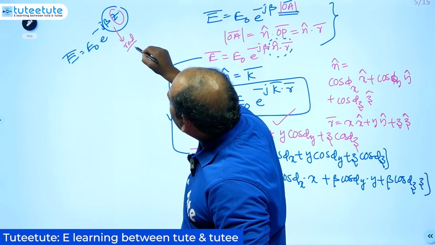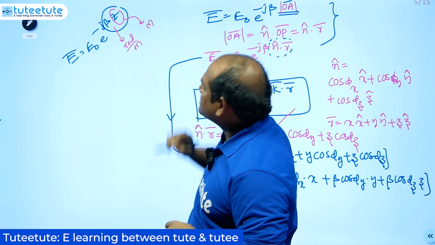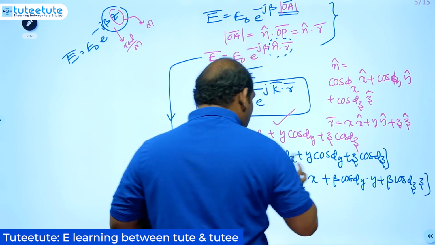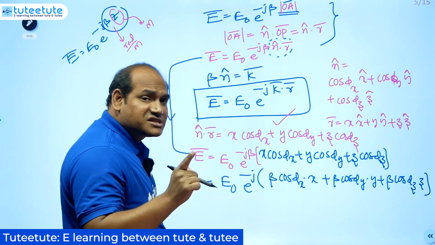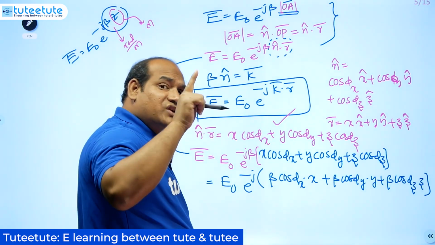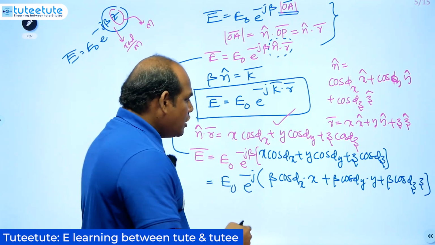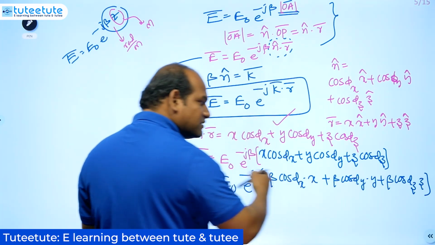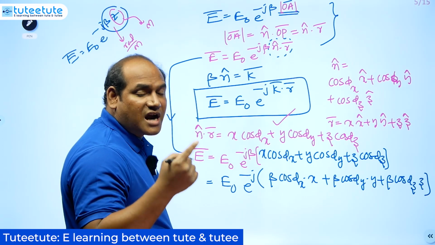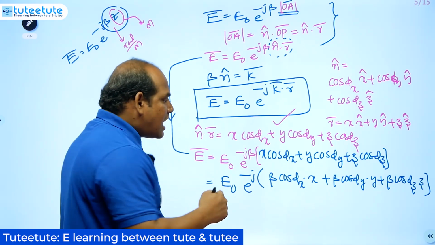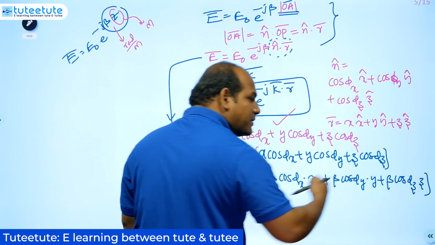Here also you observe, since the wave is traveling arbitrarily, x is changing, y is changing, z is changing, so that's why all are involved here. Not just x, not just y, not just z. All are involved because it is traveling arbitrarily.